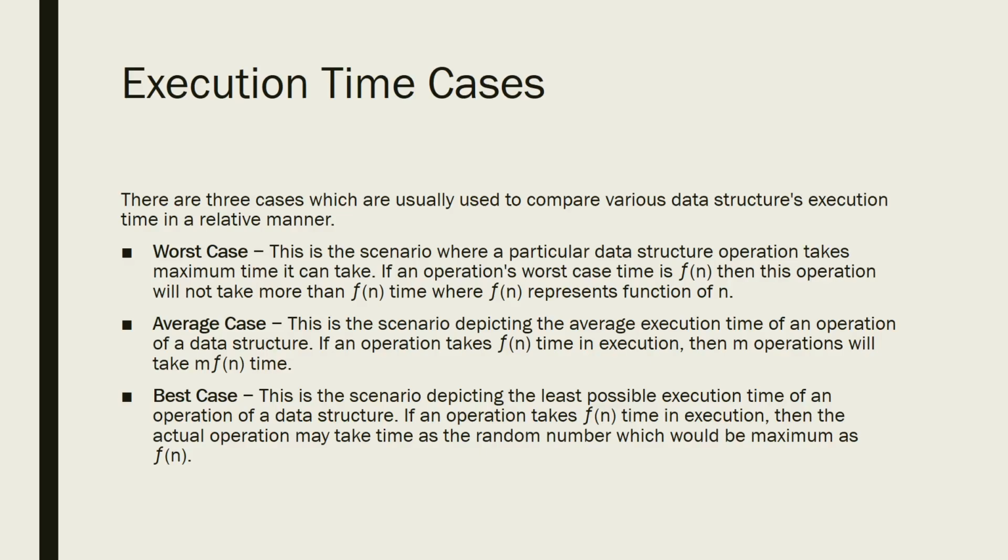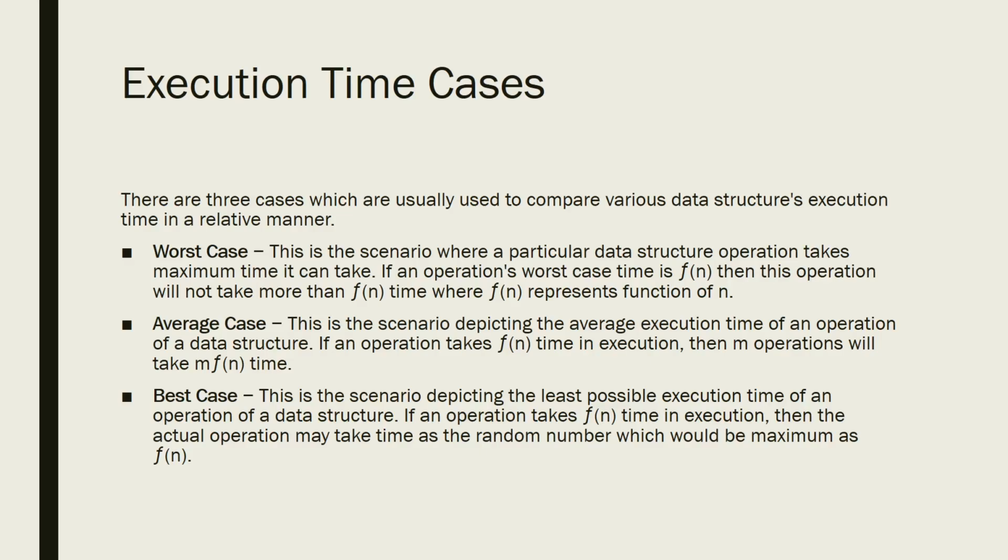Next, we have the execution time cases. There are three cases which are usually used to compare various data structures' execution time in a relative manner. We have the worst case, the average case, and the best case.